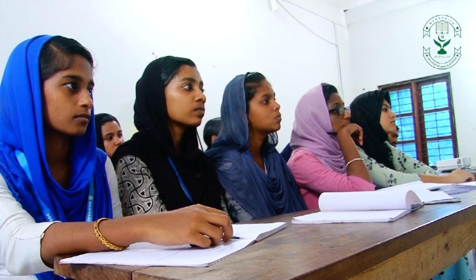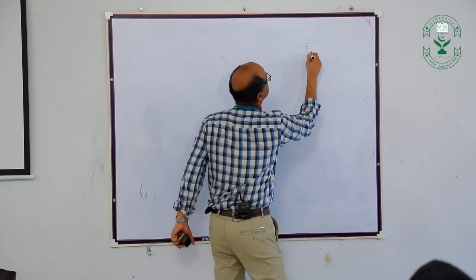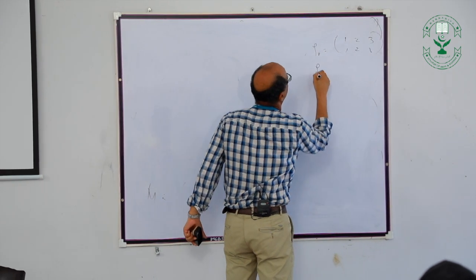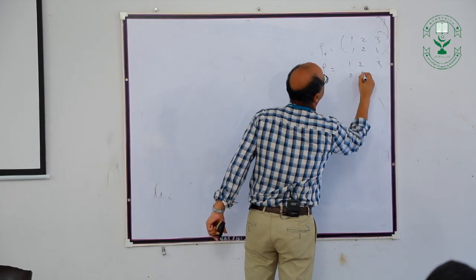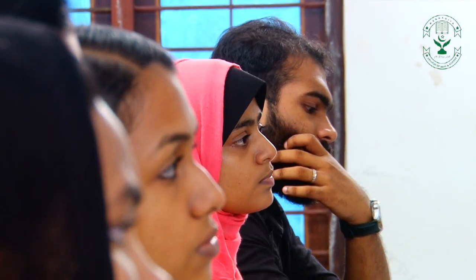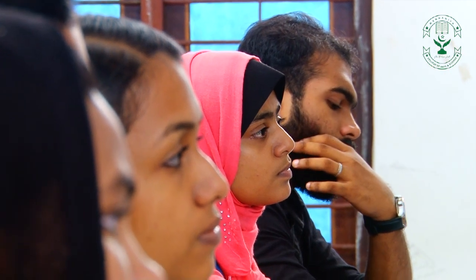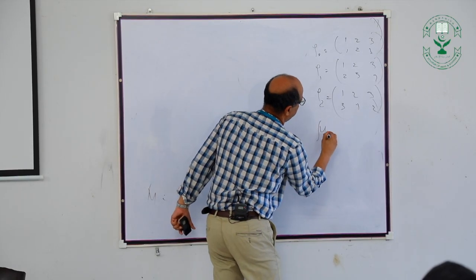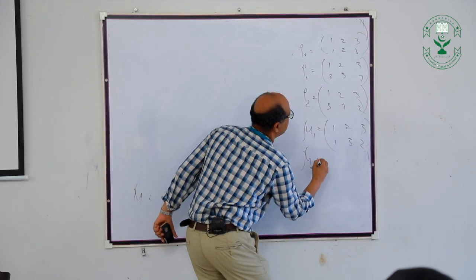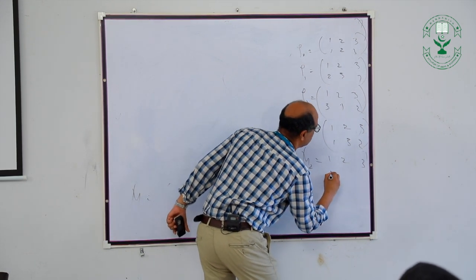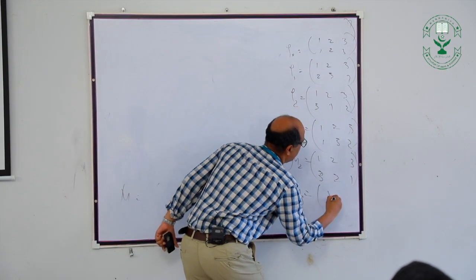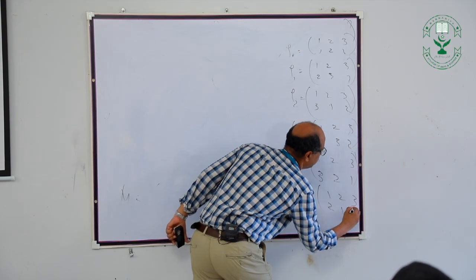So I am going to write everything as: row 0 is 1, 2, 3 to 1, 2, 3; row 1 is 1, 2, 3 to 2, 3, 1; row 2 is 1, 2, 3 to 3, 1, 2; and mu 1 is 1, 2, 3 to 1, 3, 2; mu 2 is 1, 2, 3 to 3, 2, 1; and mu 3 is 1, 2, 3 to 2, 1, 3.